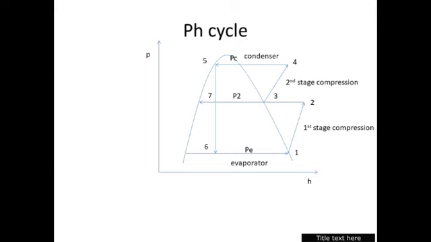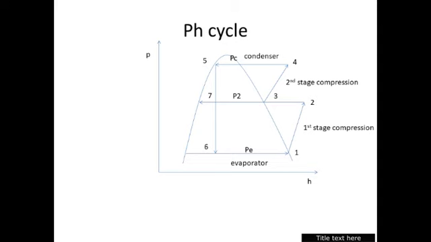So from 1 to 2 we have first stage compression, isentropically. From 2 to 3 we have cooling. In between 2 and 3 we have the intercooler. So in between that, the superheated vapor will be converted into dry saturated vapor by using the intercooler.